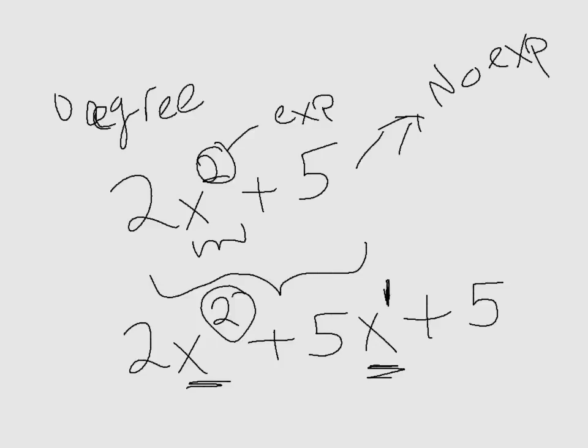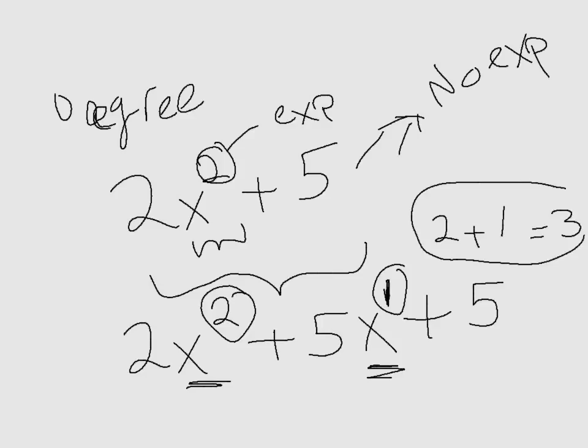Therefore, here we have 2 and 1 as our exponents, and when you add these together, 2 plus 1 equals 3. Therefore, the degree of this expression would be 3.